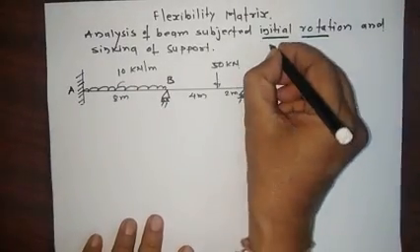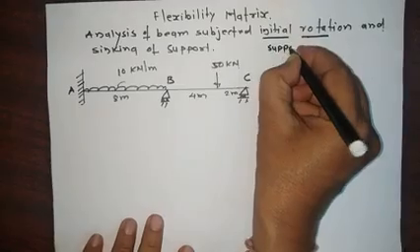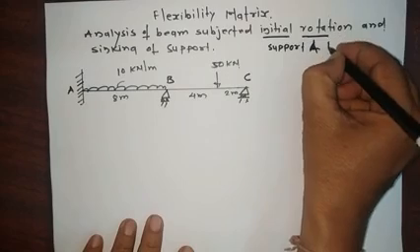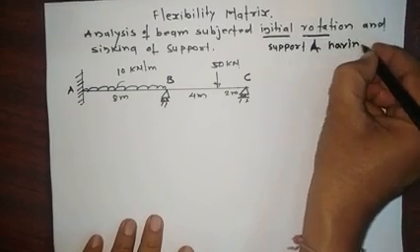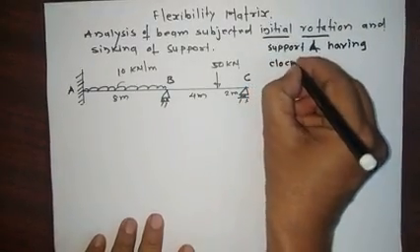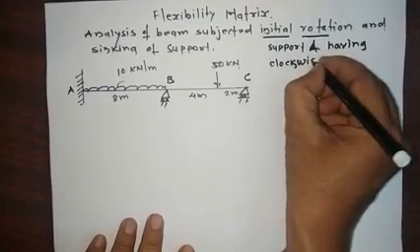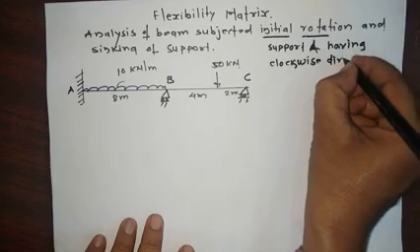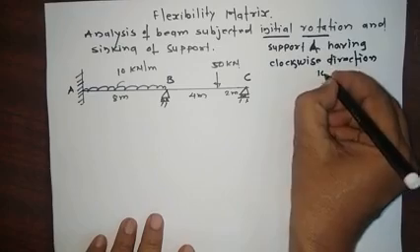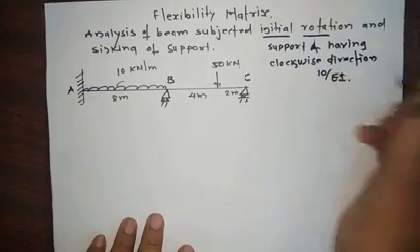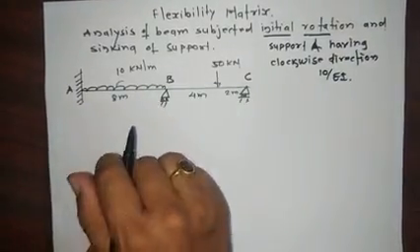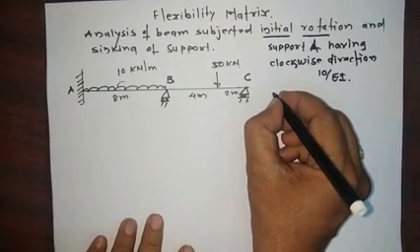Now suppose the support A has an initial rotation in the clockwise direction. Suppose it's 10 by EI, and the same sinking of support at B and C as in the previous lecture, lecture number 20.